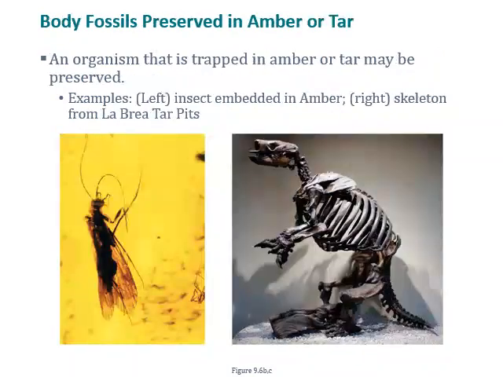Body fossils can be preserved in amber or tar. One example would be this mosquito embedded in amber, and then on the right we have a giant sloth from the La Brea tar pits in California, United States.